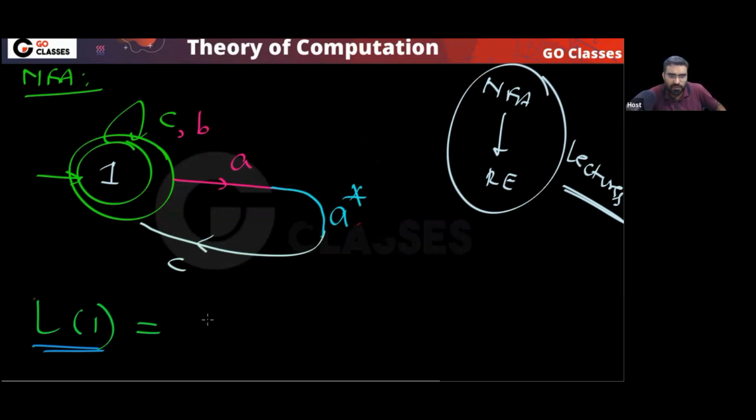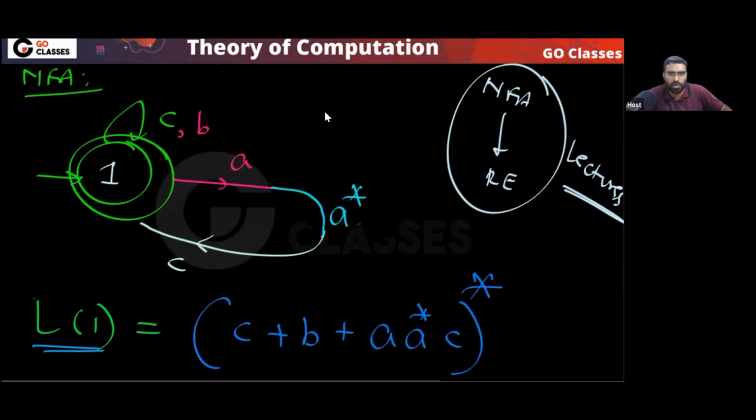So your L1 will be (C or B or A star C) whole star. This is going to be the language L1.